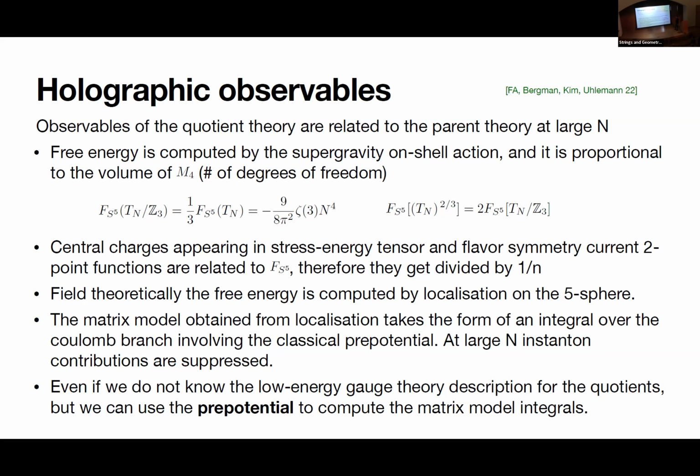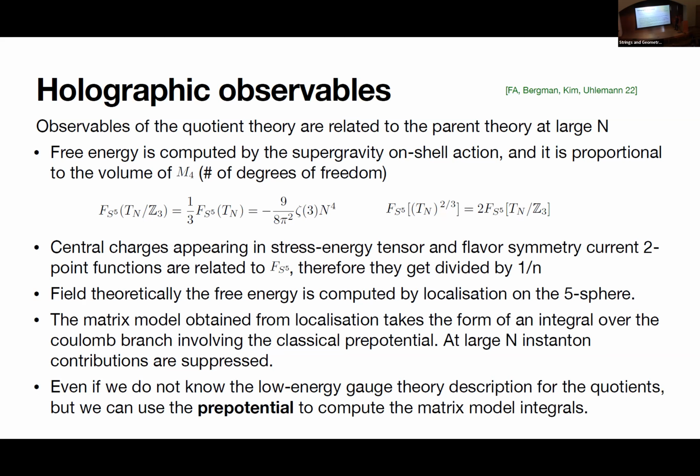So the free energy is computed holographically by the supergravity on-shell action, and the supergravity on-shell action is proportional to the volume of M4. And this will be a good estimate of the number of degrees of freedom of the theory.